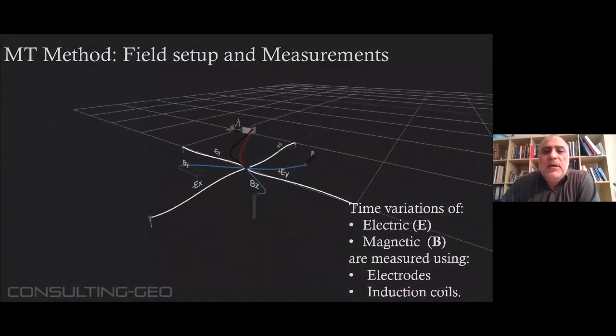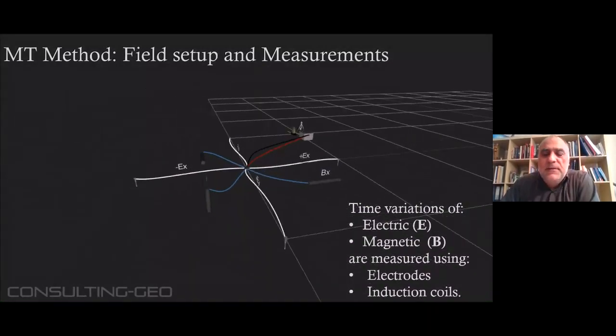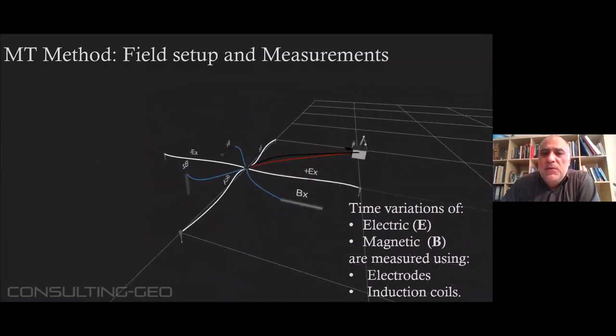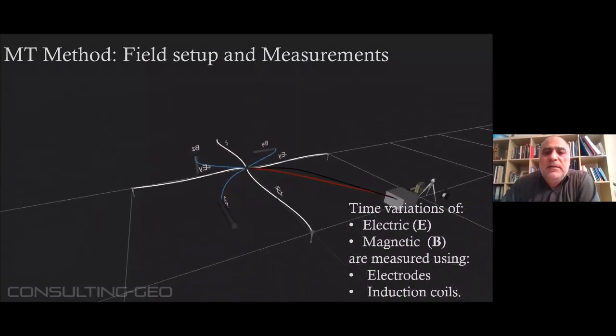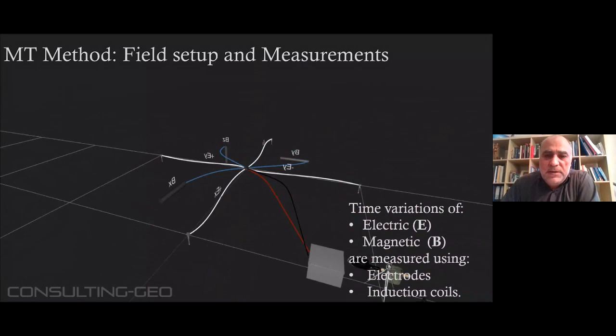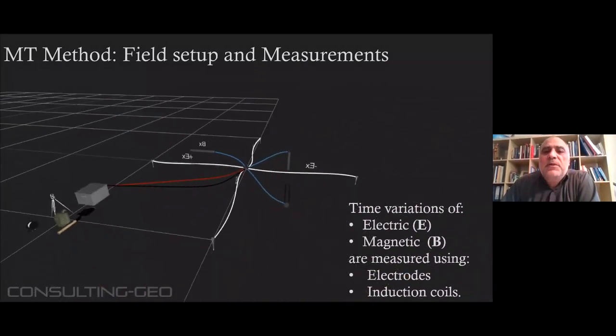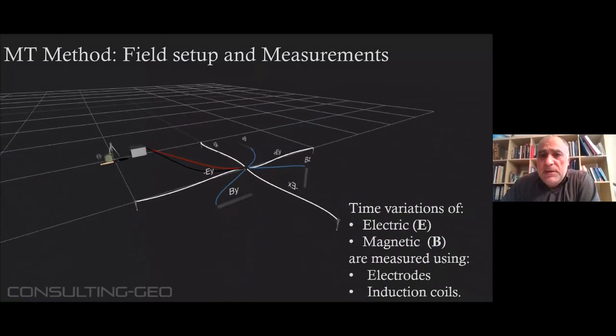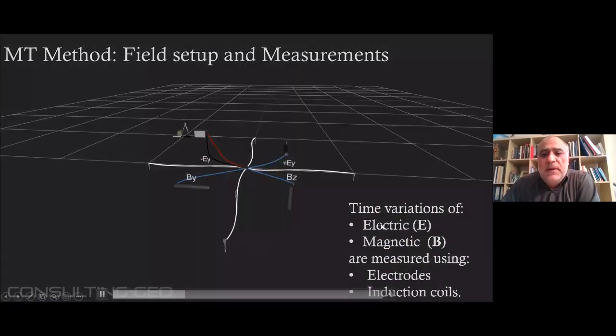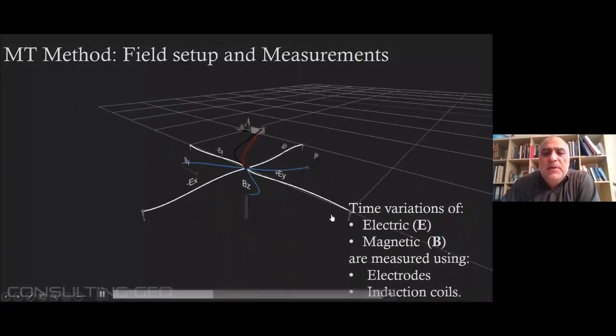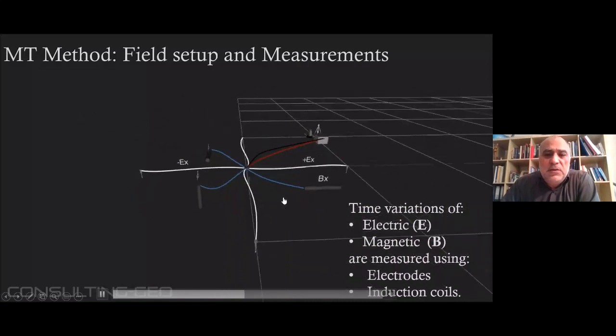It is very important to ensure this orthogonality of the components, otherwise your measurement will not be correct. You can rotate the whole system in any direction, because later you can rotate the data to a specific coordinate system, but the most important point is to keep the components orthogonal. So this system will measure the time variation of the electric and magnetic fields via electrodes and induction coils.